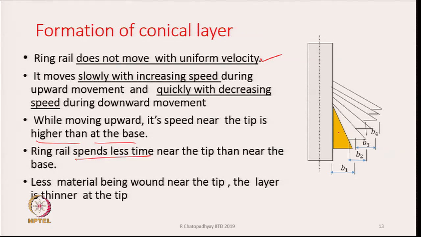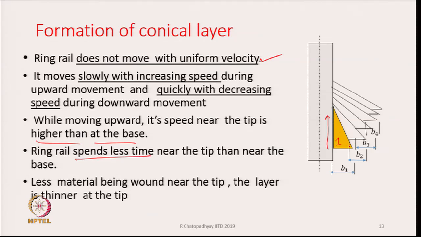That is what is shown in this diagram here. See the first layer being built: the ring rail is moving faster as it is going up, the speed is increasing. So, it spends less time near the top of its journey and more time at the base, and hence here it gets more yarn to be laid.